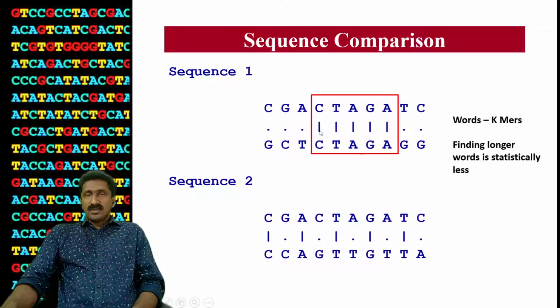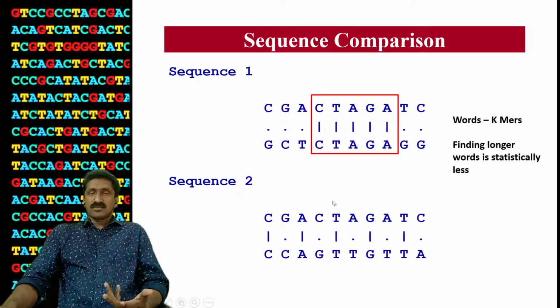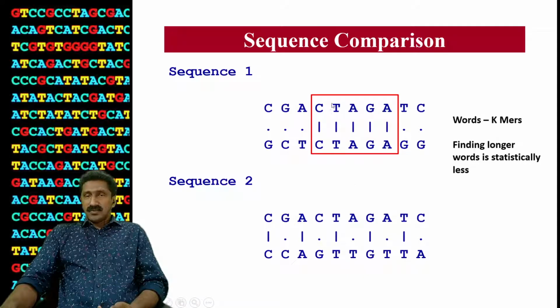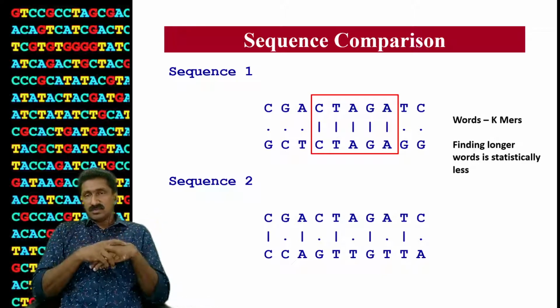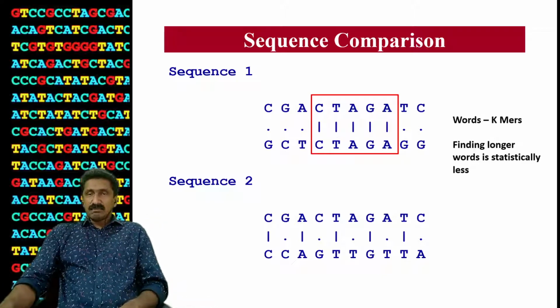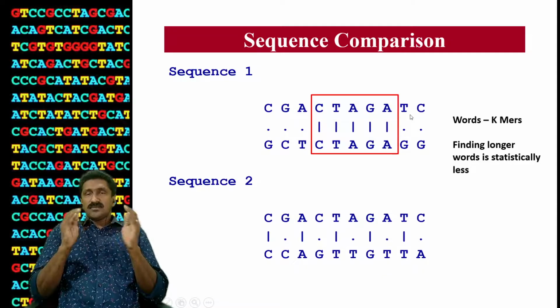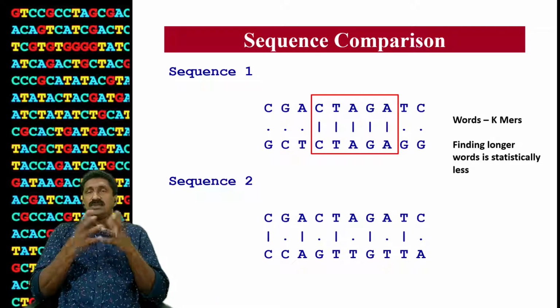If you are looking for a letter by letter, single letter comparison, there will be millions of possibilities. If you are looking for 2-letter words, then also you will have a sufficient number of hits. But with the increase in the number of letters in the word, the possibility of an exact match in the database will be minimal.